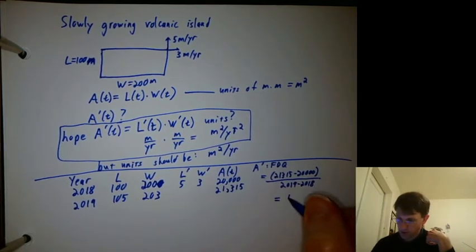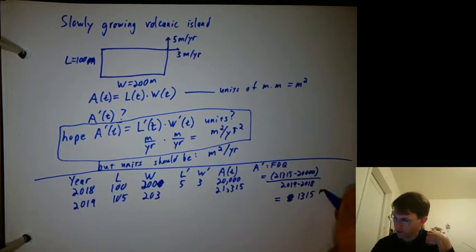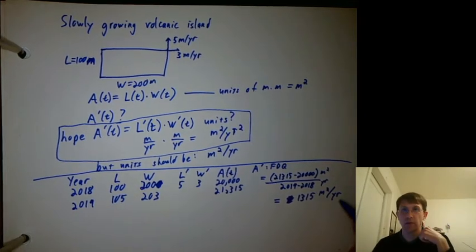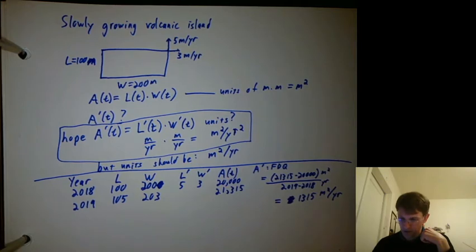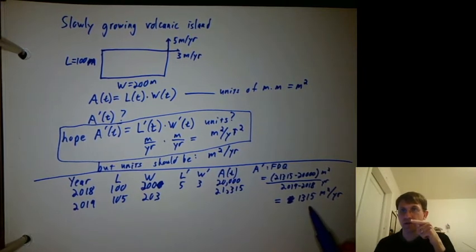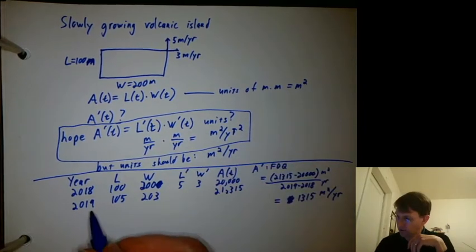And that turns out to be 1315 square meters per year. Notice the top is in meters squared, the bottom is in years, so I do get square meters per year. All right, so let's go figure out how I could have predicted that 1315 square meters per year based on the geometry of the problem.